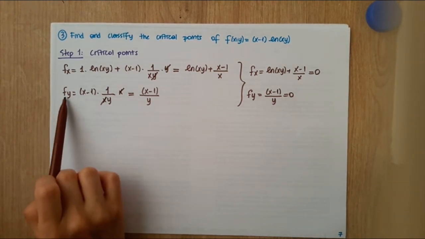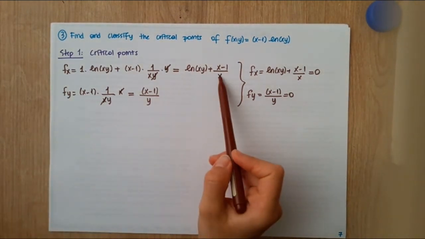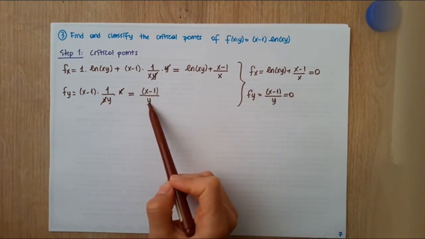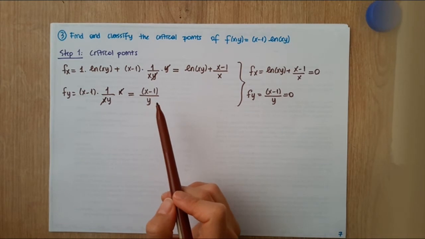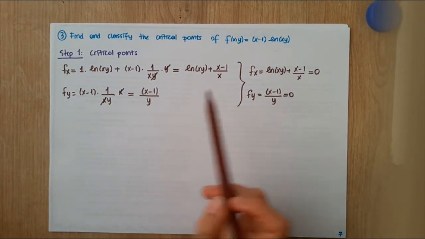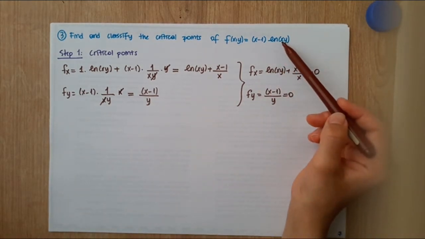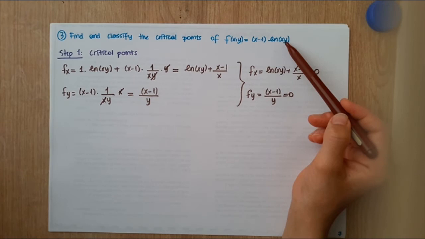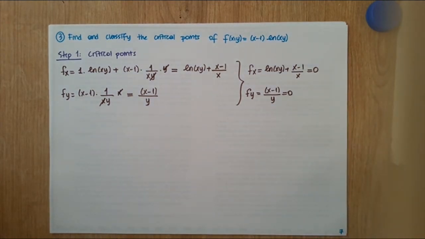this function and this function are not defined when x is 0 and when y is 0, but these points are not in the domain of the function. You should be careful about that. They are not critical points, because when x is 0, I have natural logarithm of 0 here, which means this function is not defined here, because we know that the domain of the natural logarithm function is the positive real numbers.